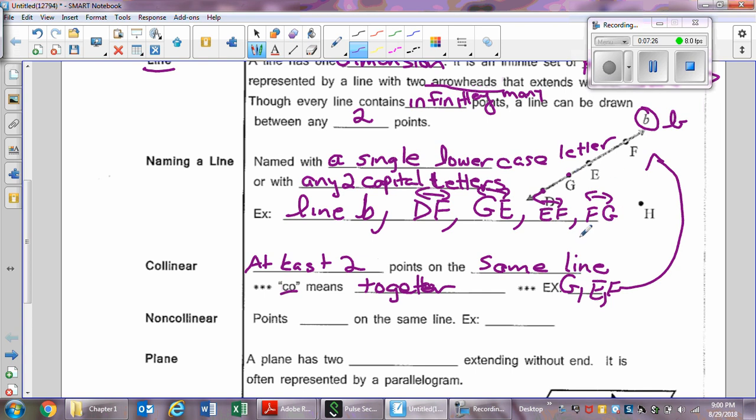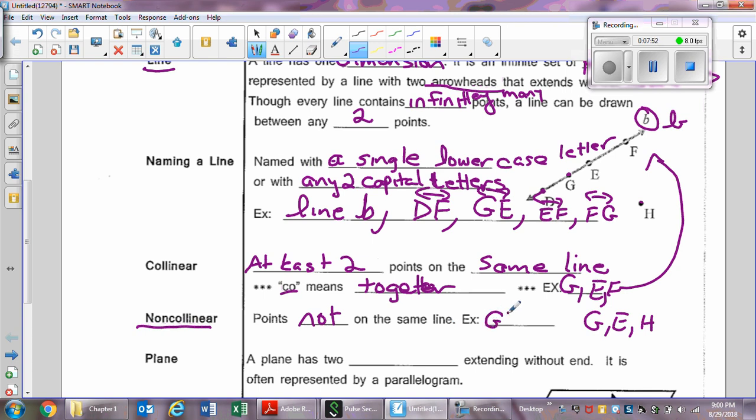But if I say, well, what about G, E, and H? See how G, E is on this line, but H is over here? That becomes non-collinear points, okay?